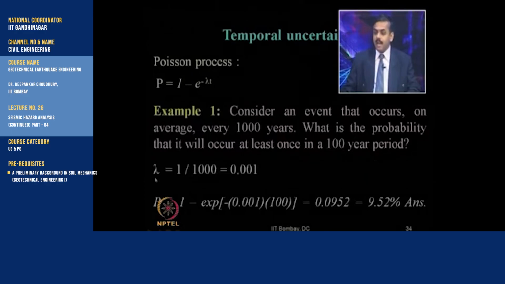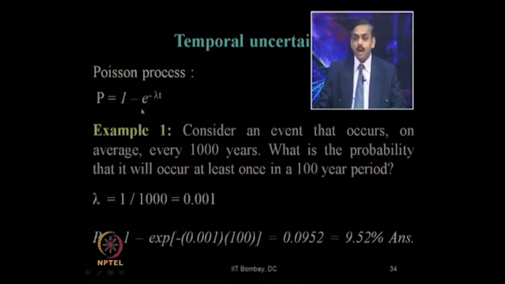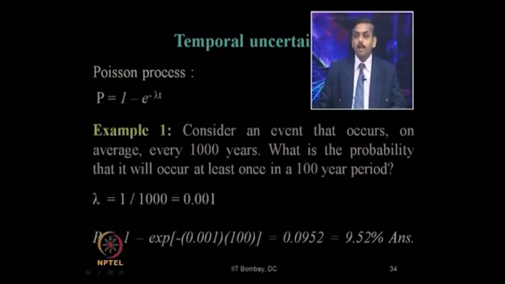In this case, the lambda value, which is the mean exceedance, will be nothing but 1 by 1000, because it is occurring once in 1000 years. So, the mean occurrence of exceedance is 1 by 1000, which is 0.001. What will be the probability of occurrence at least once? At least once means 1 minus the probability of occurrence of 0 times, right, that we have already seen.